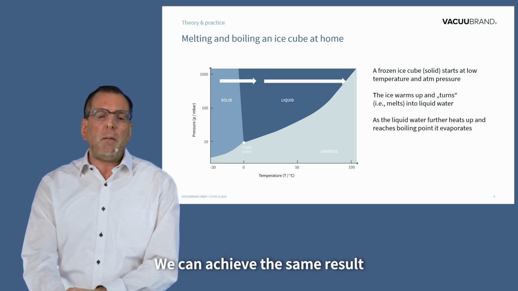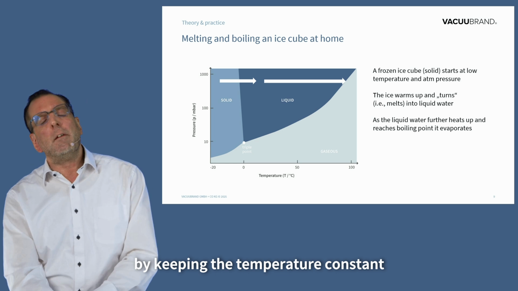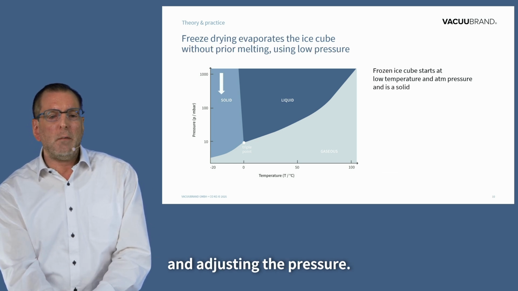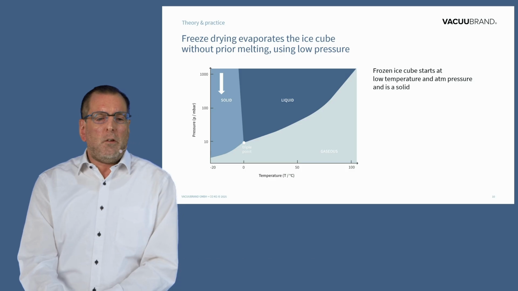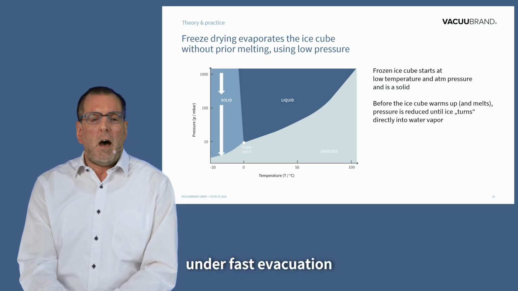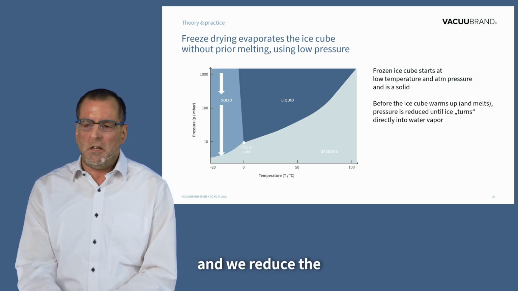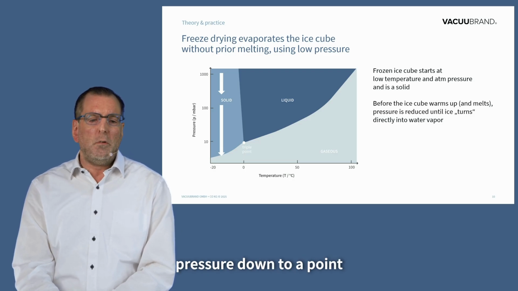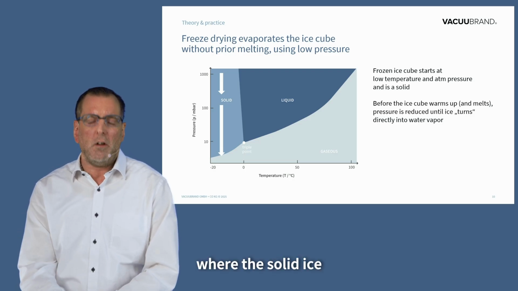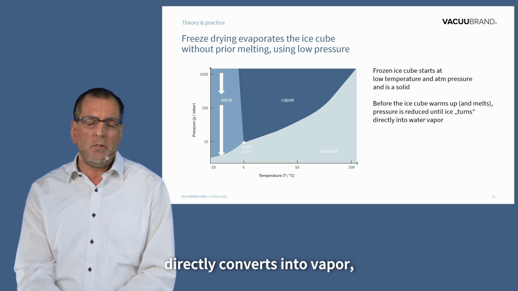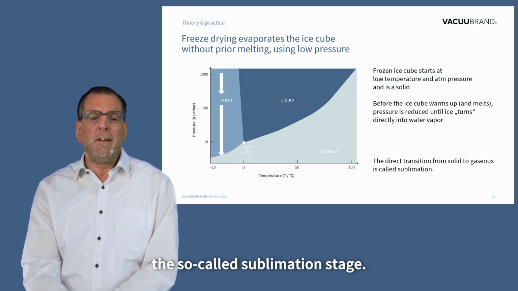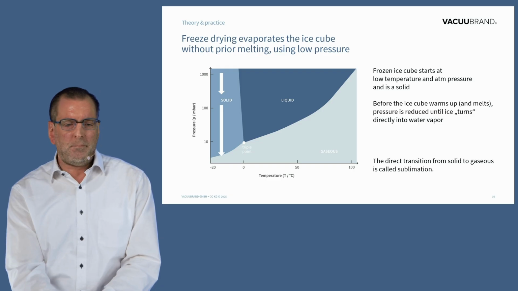We can achieve the same result by keeping the temperature constant and adjusting the pressure. So we put our ice cube under fast evacuation and we reduce the pressure down to a point where the solid ice directly converts into vapor, the so-called sublimation stage.